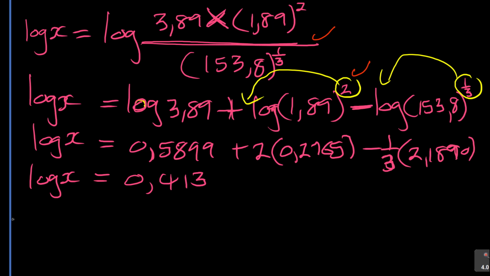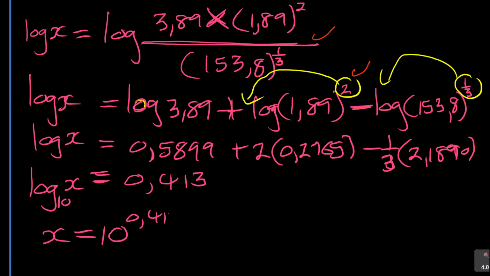The final step is, remember what is the base. Let me erase this so that I can write it nice. Now here you say log, there is a default 10 hidden here, x, so that's what you're having. So what you do now, how do you solve your answer? You say x is equal to 10, that base 10, this becomes an exponent, 0,413.